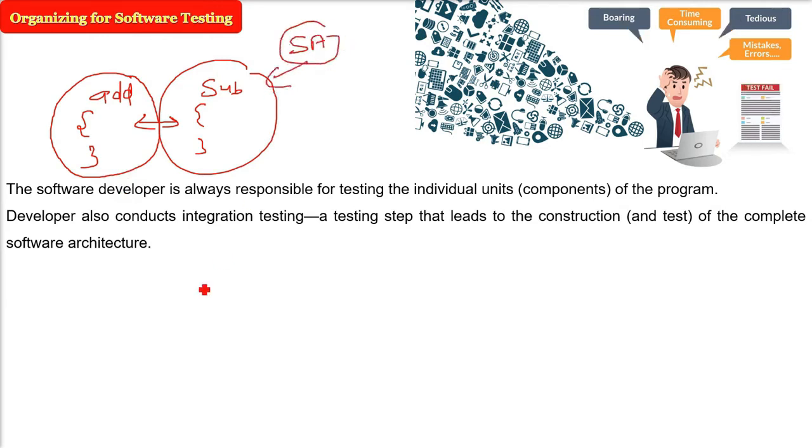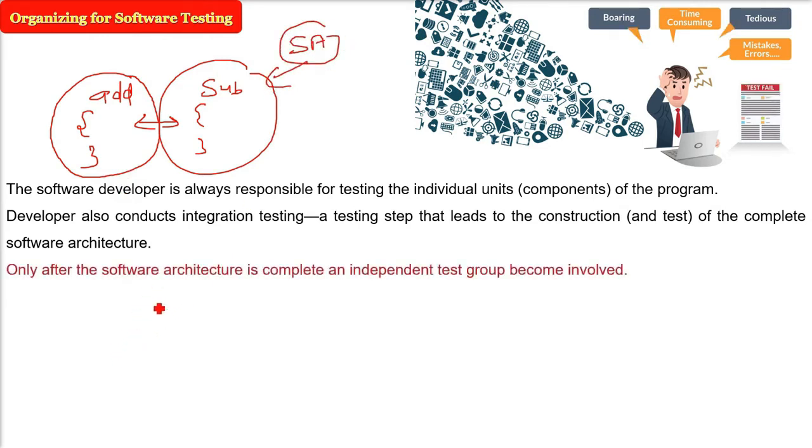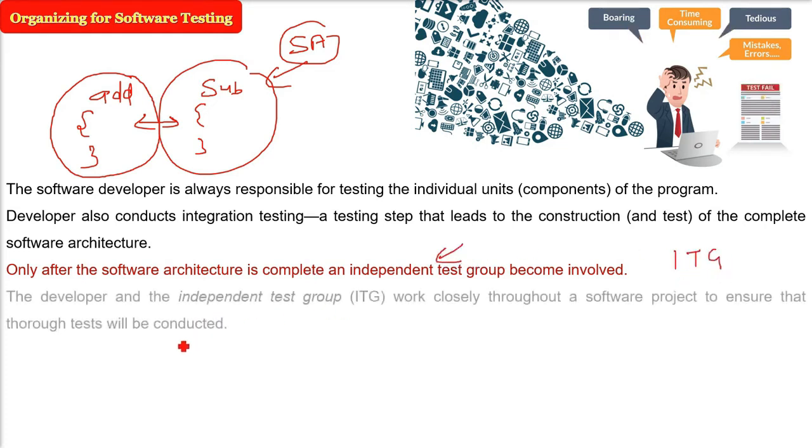Component testing is unit testing, component combined testing is integration testing. But once these testing are complete, then an independent test group or some quality team, QA, QC will come. So the developer and the ITG, independent test group, would work closely throughout the software project because they want to ensure that thorough testing has been done or thorough testing will be conducted.